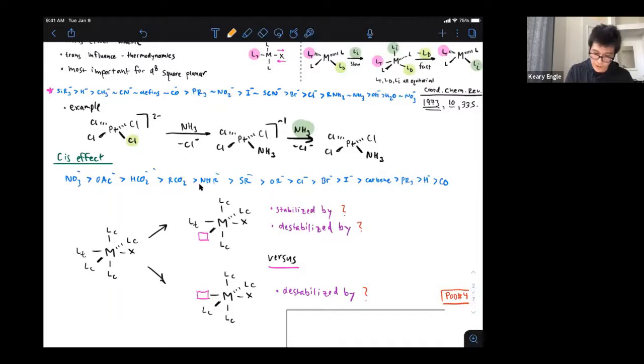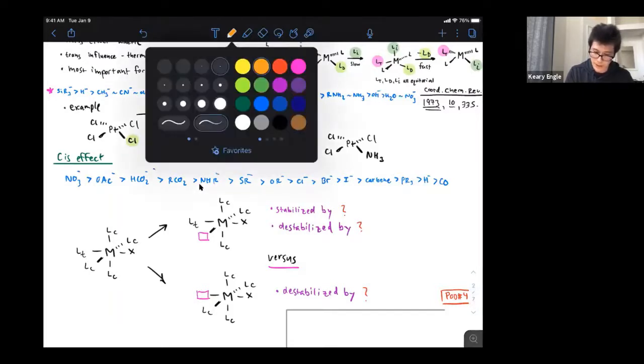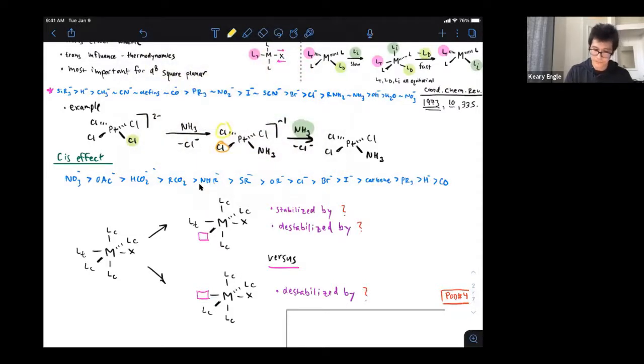You have one that is cis to the ammonia, and one that is trans to the ammonia. And I'll just ask for a volunteer here. Omar, which of these get substituted based on what we just covered?